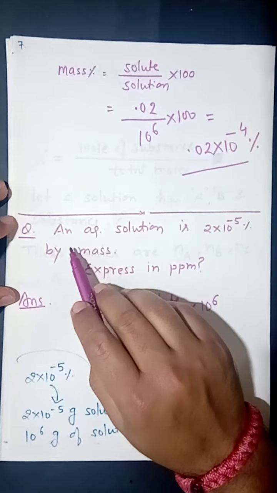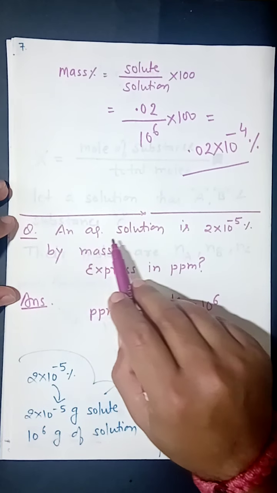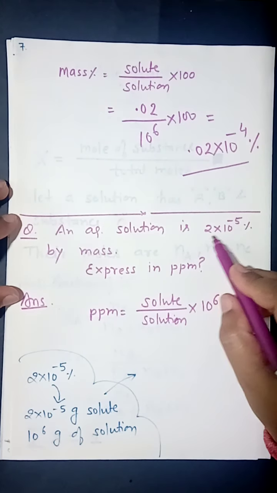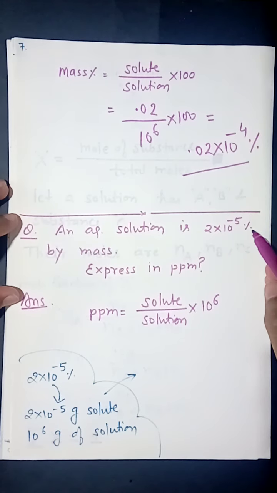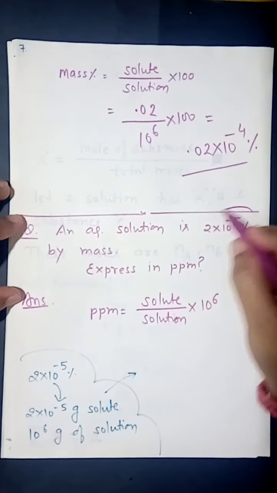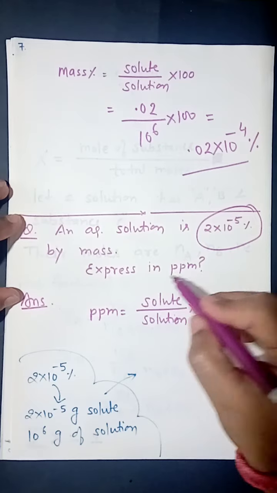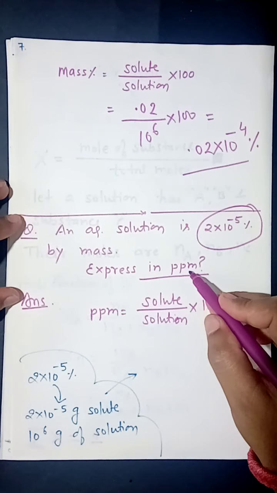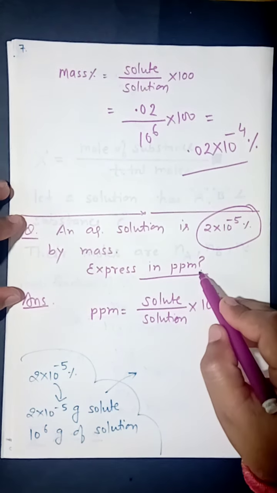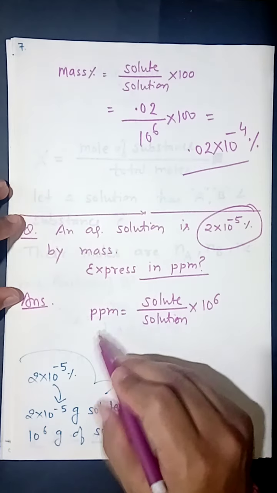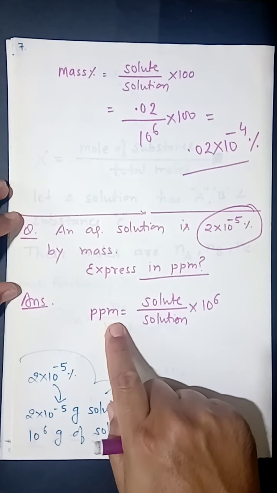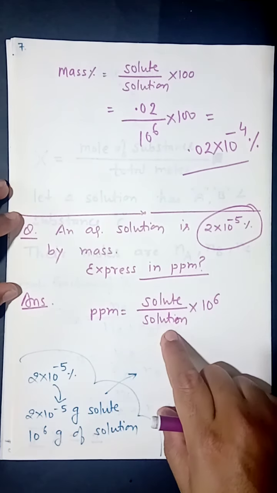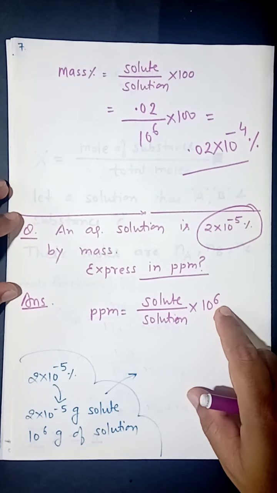The other type of question: here you are given an aqueous solution which is 2 into 10 raised to power minus 5% by mass. This time mass percent is given and you need to find out ppm. Once again, because you need to find out ppm, start the solution with the formula of ppm. ppm equals mass of solute upon solution into 10 raised to power 6.